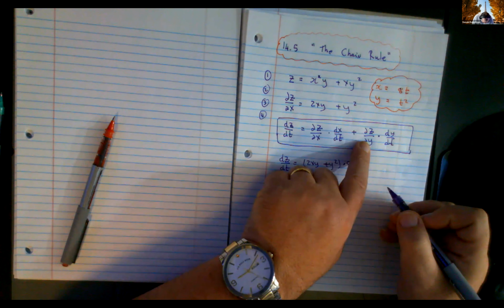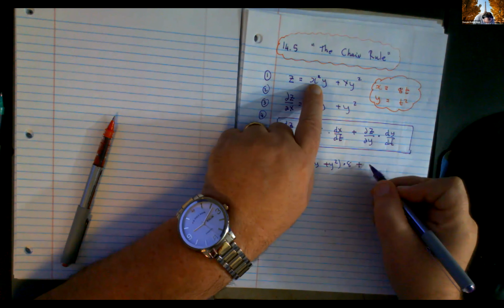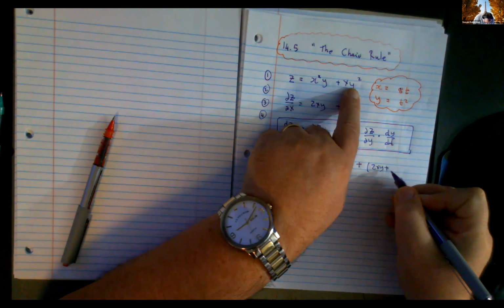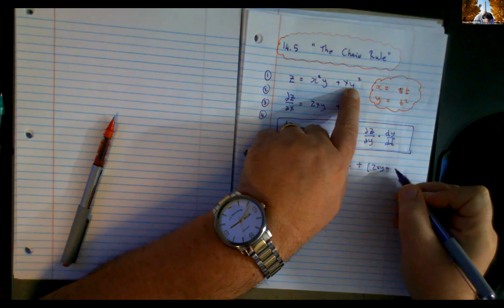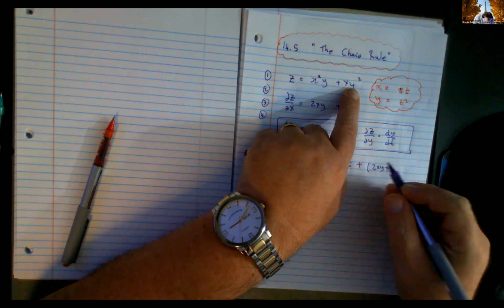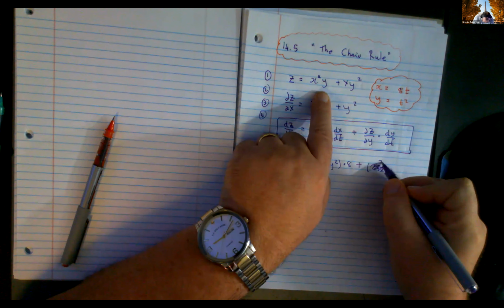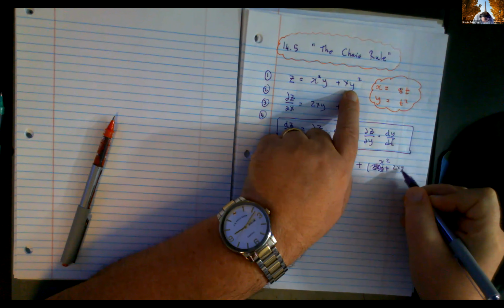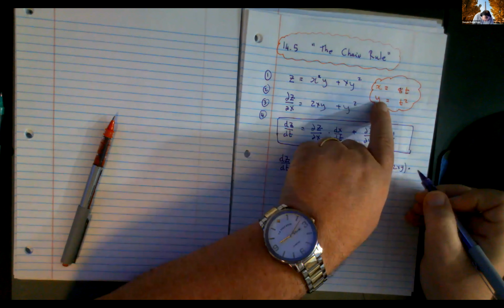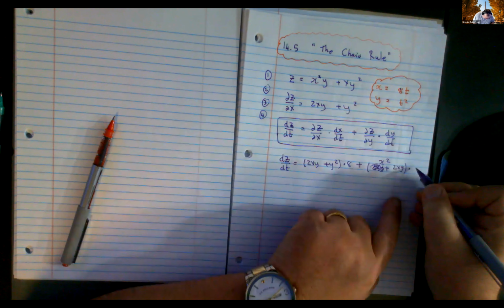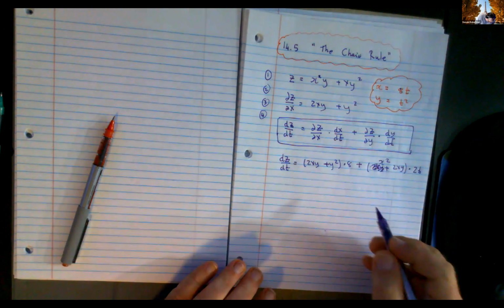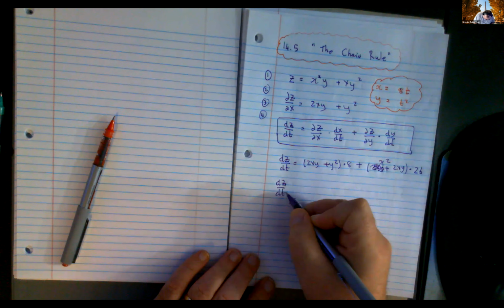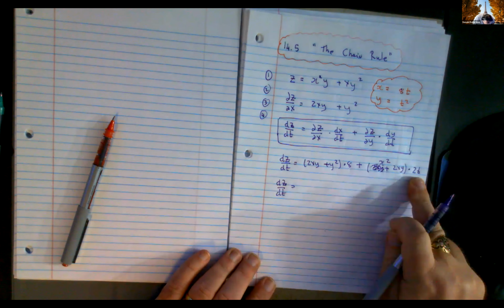Well, if I differentiate this fella with respect to y, let's do that again, I get x squared plus 2xy, that's better, times the derivative of y with respect to t. And so what you're looking at right now is essentially the answer.